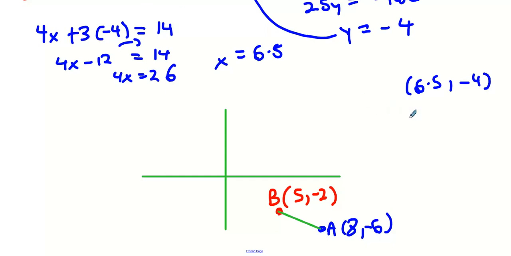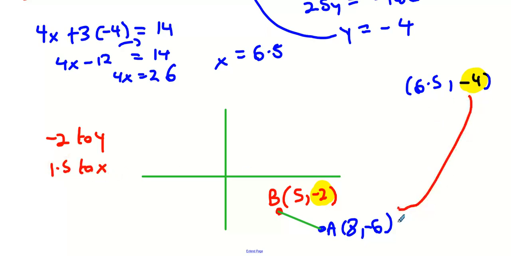Now, look at this, okay? We'll get the ratio really quickly. How'd you go from minus 2 to minus 4? Minus 2 to Y. How'd you go from 5 to 6.5? 1.5 to X. Next question.